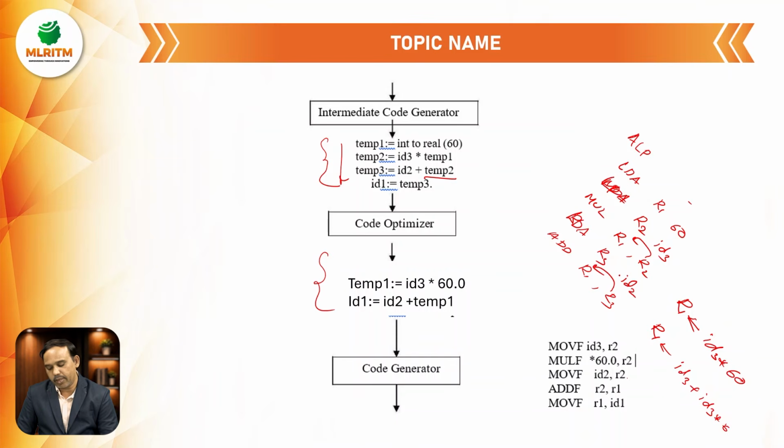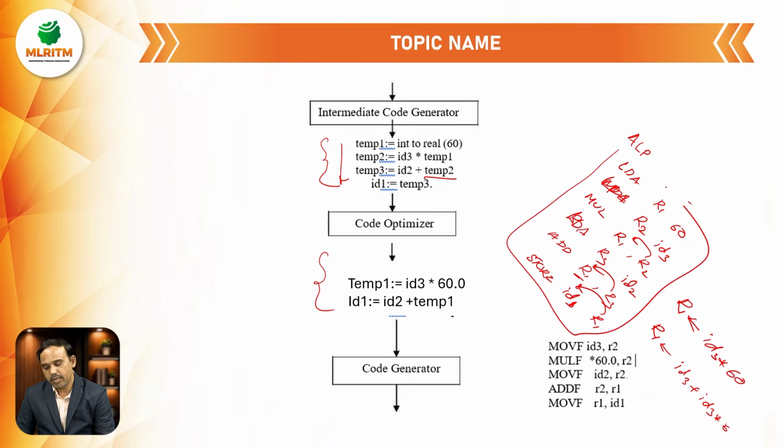The result is stored in the R1 register. Then store the value: the R1 value is copied to ID1. This is the assembly level language program.